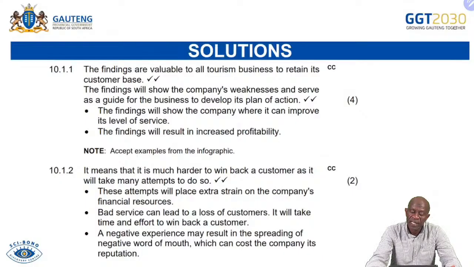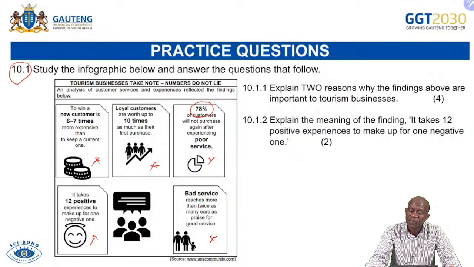10.1.2, let's get back to the question again. The question says, explain the meaning of the finding. It takes 12 positive experiences to make up for one negative one.